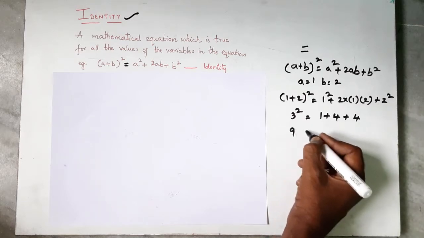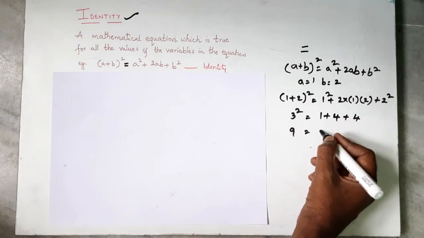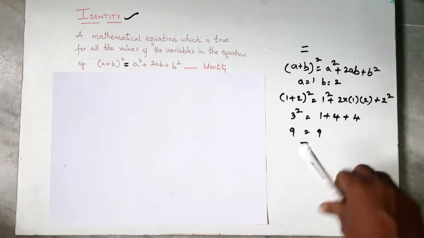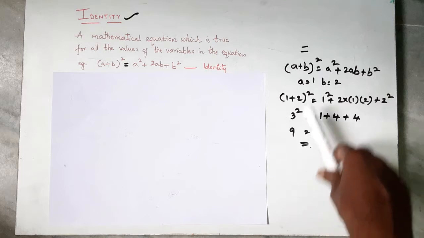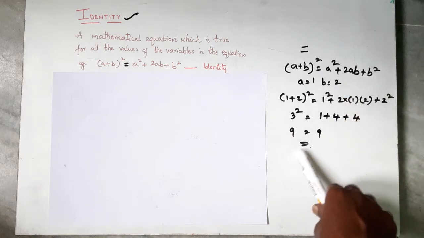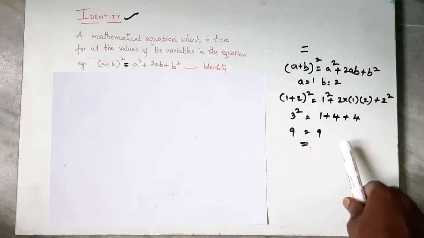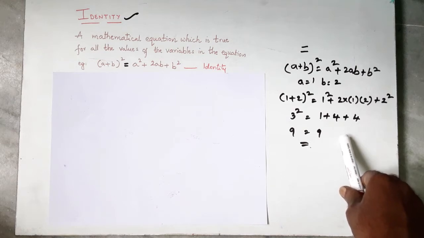So 3 square is 9, and 4 plus 4 is 8, 8 plus 1 is 9. So if you substitute the values in the given variables, LHS is equal to RHS. Therefore this is called an identity.